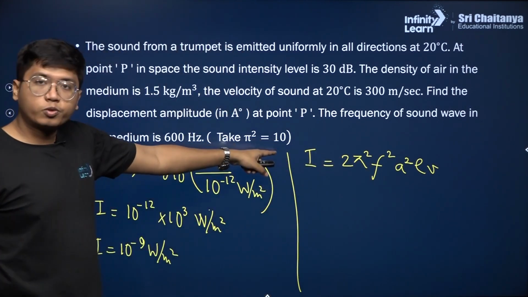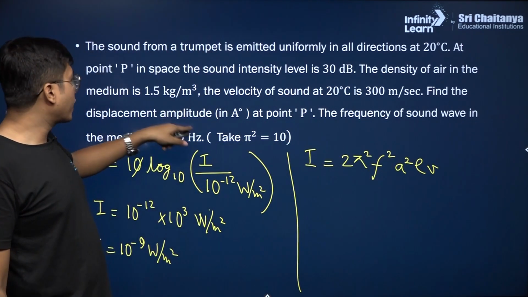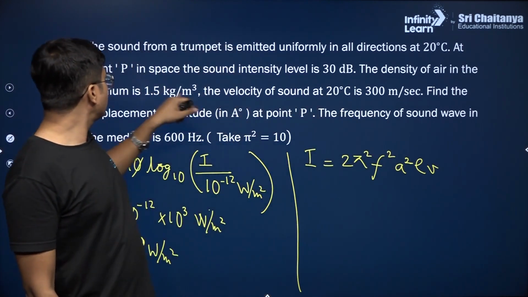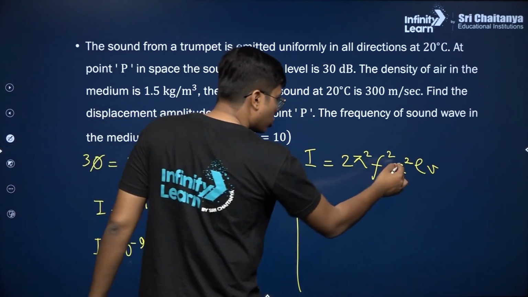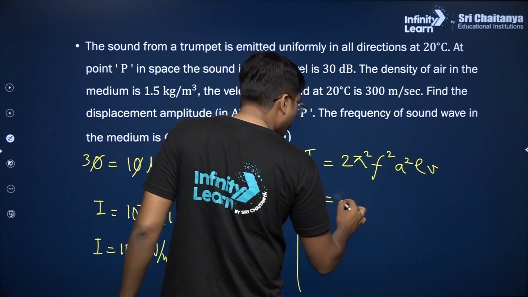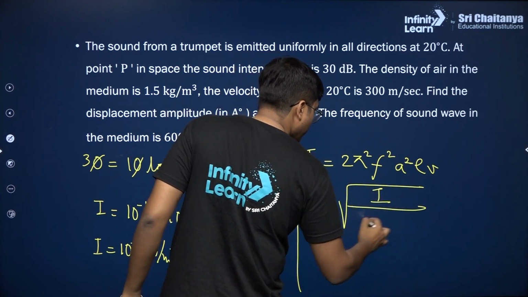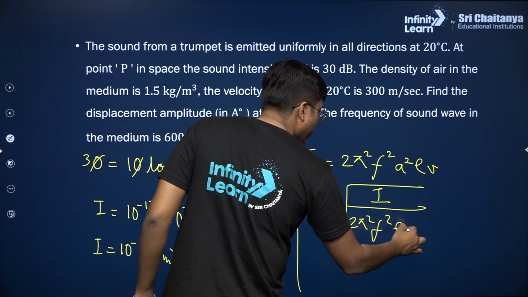Pi square we can assume to be 10. A is exactly what we need to find, which is the displacement amplitude. Rho, the density, is provided to us here, and the speed of the wave is also given as 300 meters per second. So since we're finding A, it would be equal to root over of I divided by 2 pi square f square rho into v.